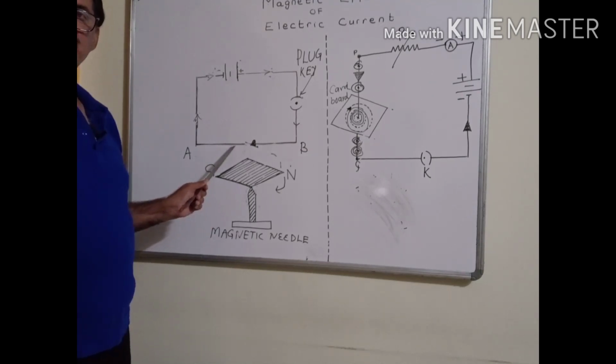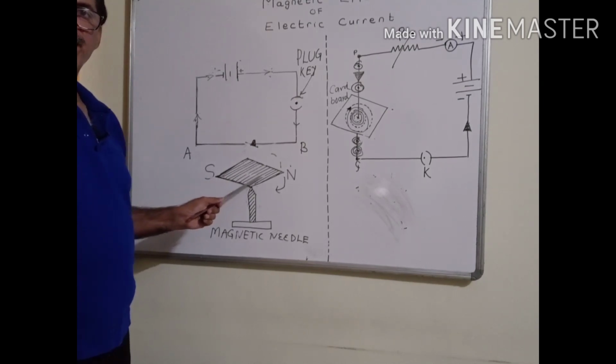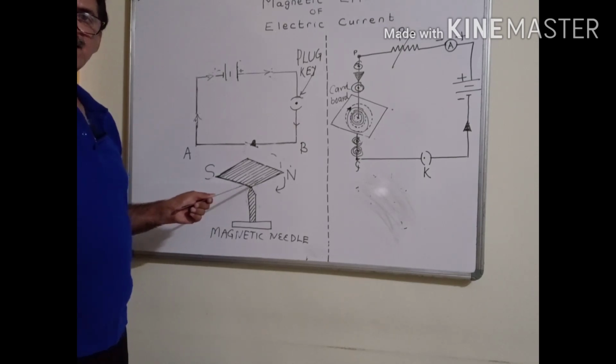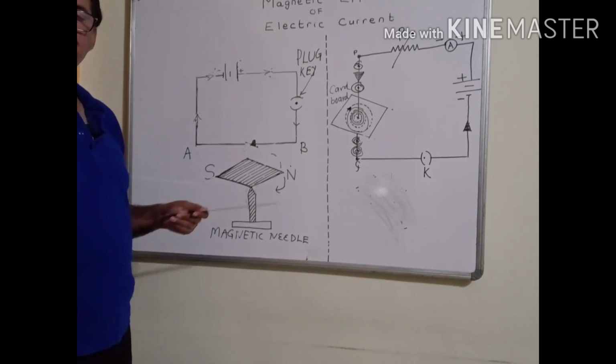Then you can say that as the amount of current passing through the conductor is increased, the strength of the magnetic field also increases, which can be seen by an increase in the angle of deflection of this compass needle. Then you can also say that as one moves away from the conductor, the strength of the magnetic field decreases.